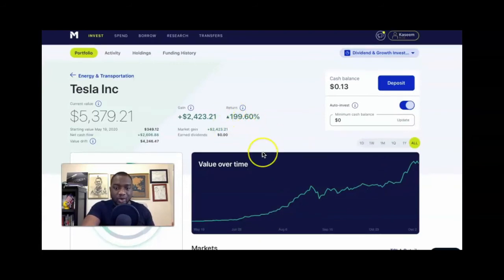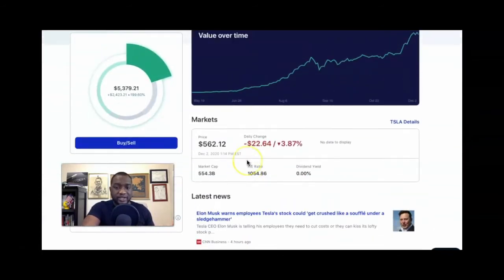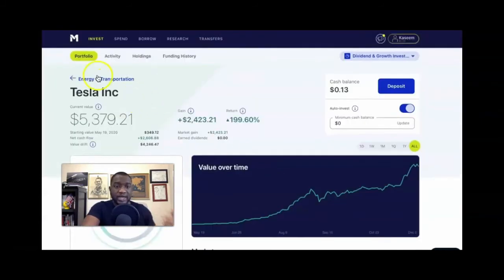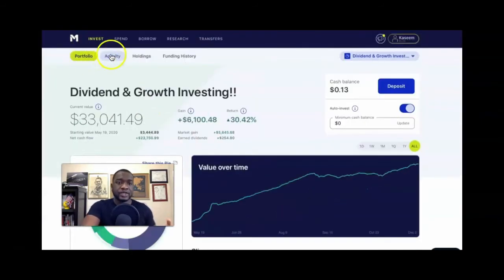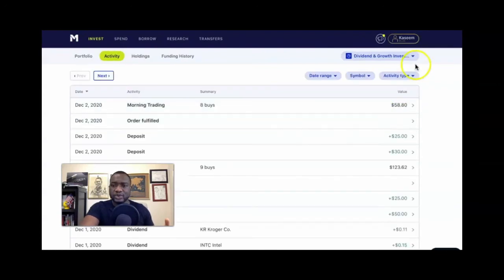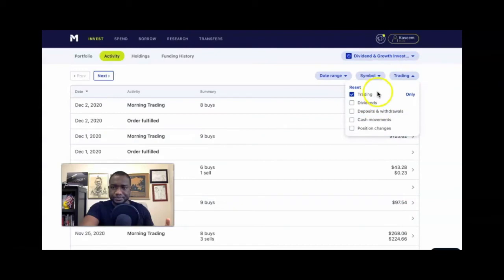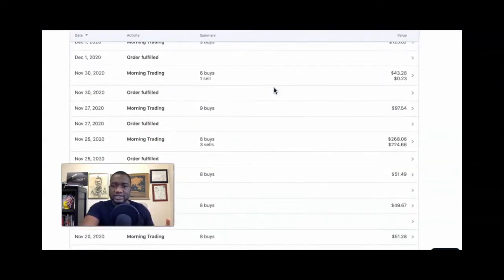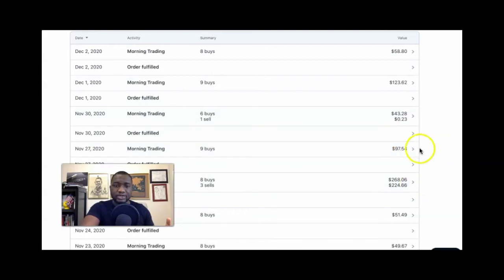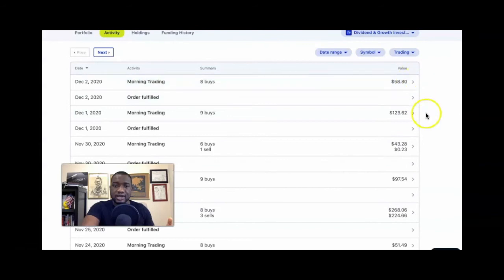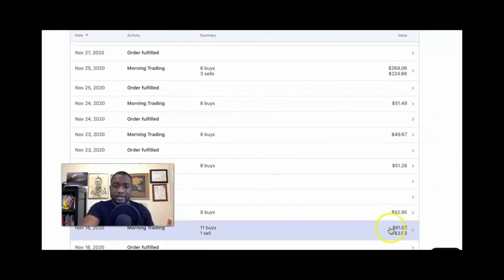I just let M1 basically do that part for me when I put in new money. All right, so let me just show you guys really quickly here as well. Going to trading here. Let's go into trading. As you can see, I basically put money into the portfolio pretty much on a regular basis, and when I put money in, it goes in.